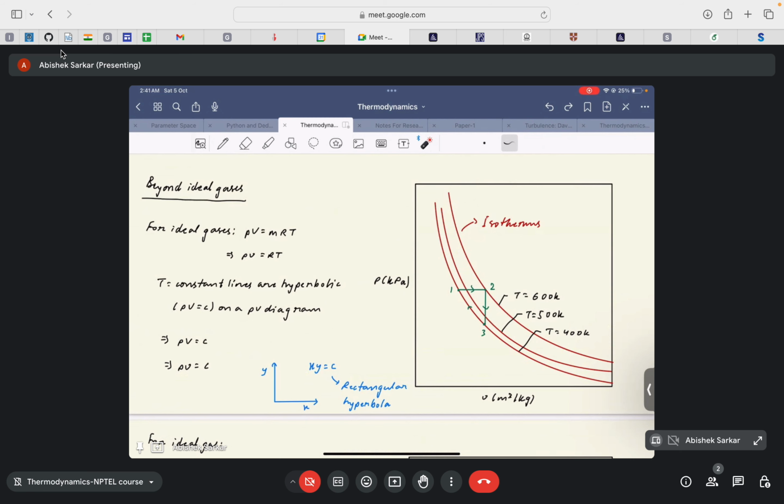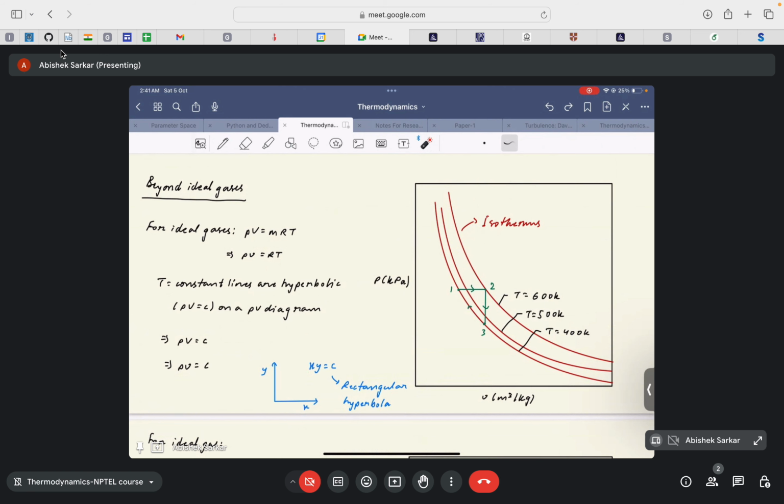rectangular hyperbola. Why? Because from the ideal gas law we have PV equal to mRT, or small p into small v is equal to RT. If we take the mass in the denominator here, it becomes a specific volume. Now, for a constant temperature, PV would be equal to a constant because R is a constant. Okay. So we know that xy equal to c indicates a rectangular hyperbola in a y-x plane.